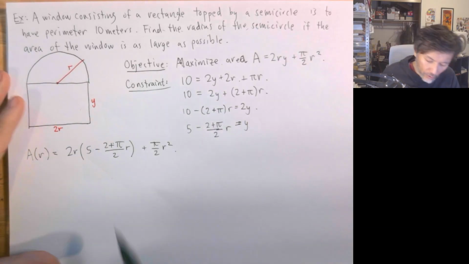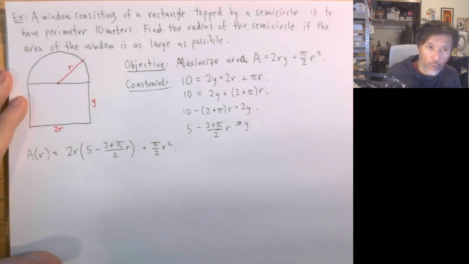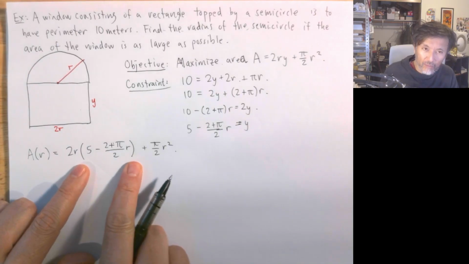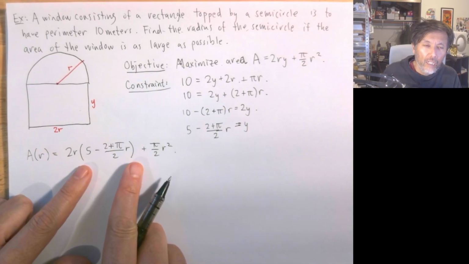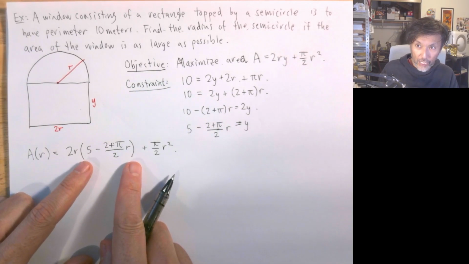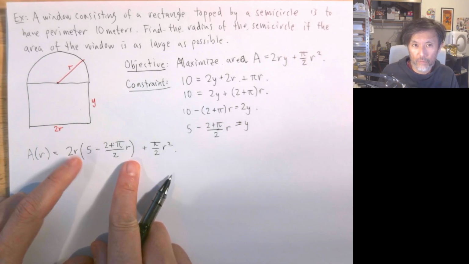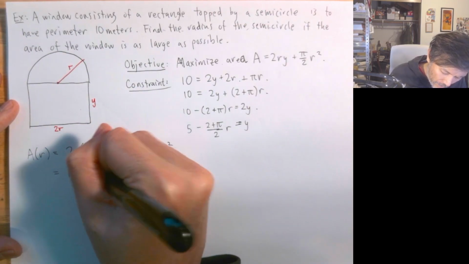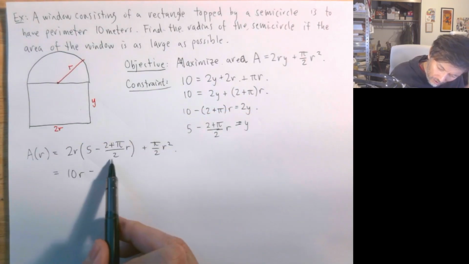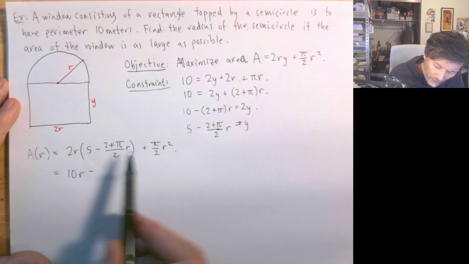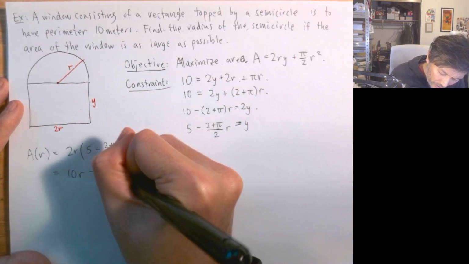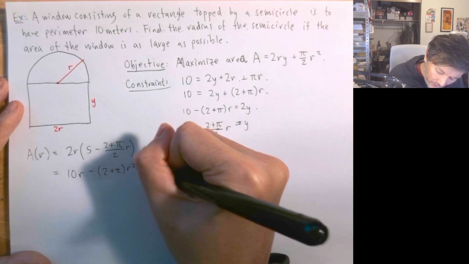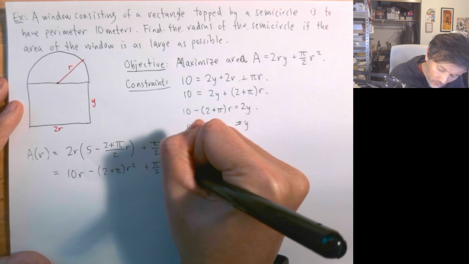I think what I have to do now is distribute the 2r through here. And yeah, please have good hygiene. Brush your teeth for one, but then also make sure you're using parentheses. This is 10r minus, no, the 2 and the 2 there kill each other, and then the r's get married. So we have (2 plus pi) times r squared. Okay, and then we have pi over 2 times r squared.